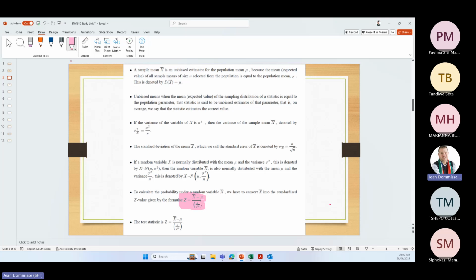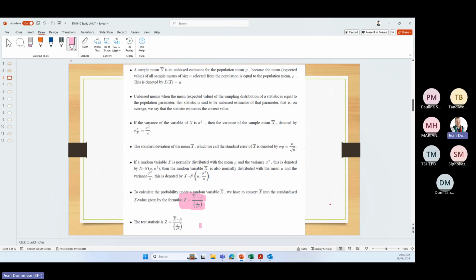The other thing that they love to ask, and those of you who have started with assessment 3 might have seen this, are questions around the standard error.